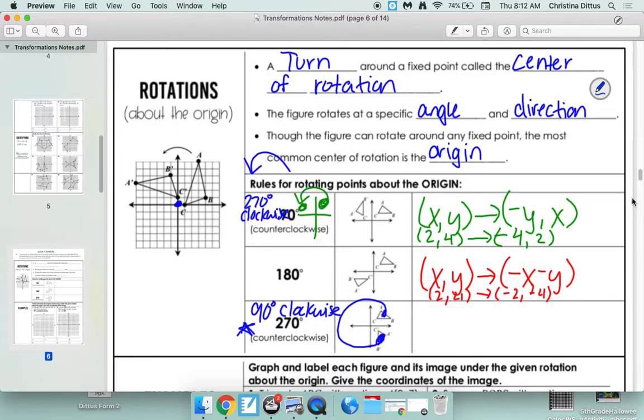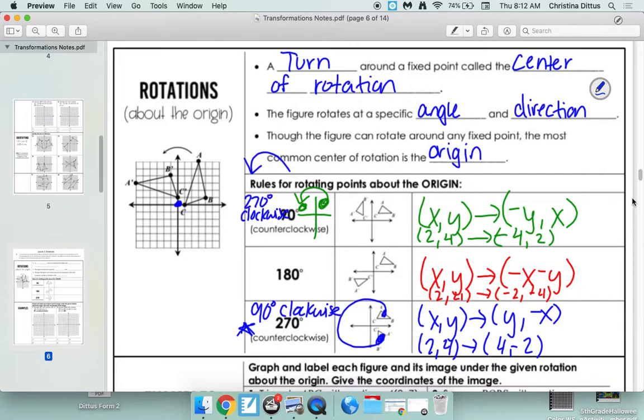And our rule for that one, x, y becomes y, negative x. So these two are kind of like opposites. You're still going to flip your x, y, except you're going to change the sign of your x this time. So if I have 2, 4, when we flip them, it's going to become 4, 2, and then our x value is going to be negative, so 4, negative 2.